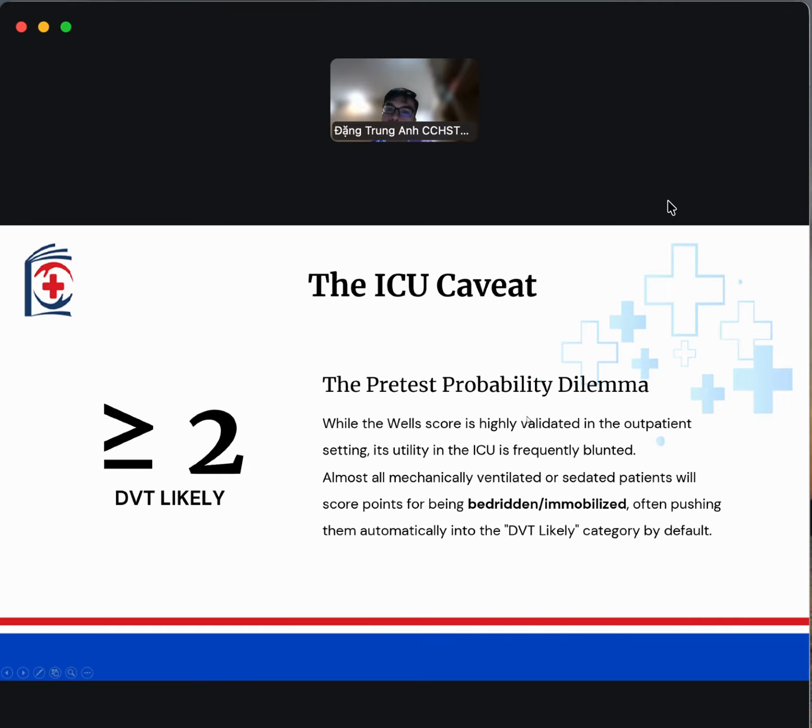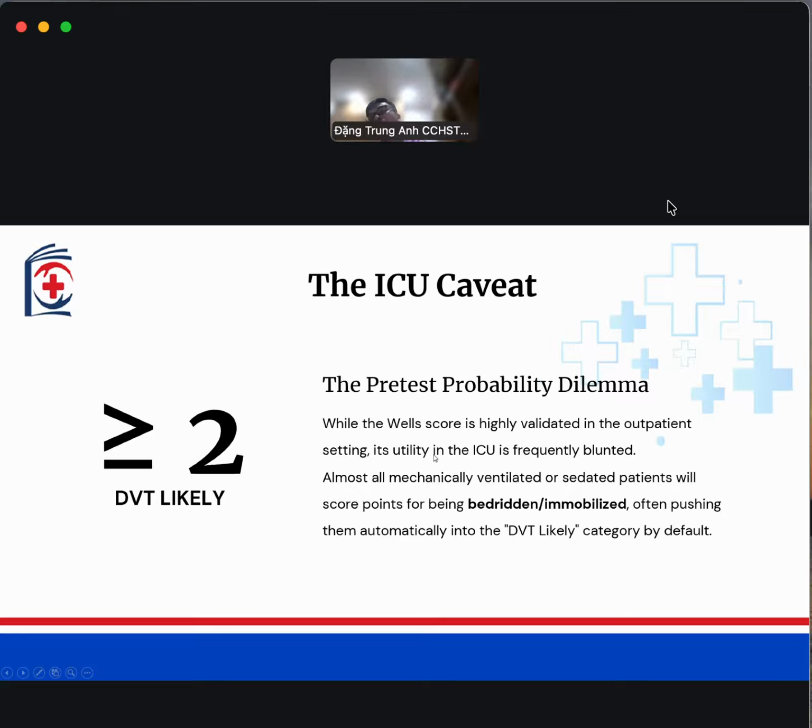So in the ICU, almost all patients are on mechanical ventilation or sedated, so they will be bedridden or immobilized. So the Wells score is always higher, so DVT is likely in almost all patients.